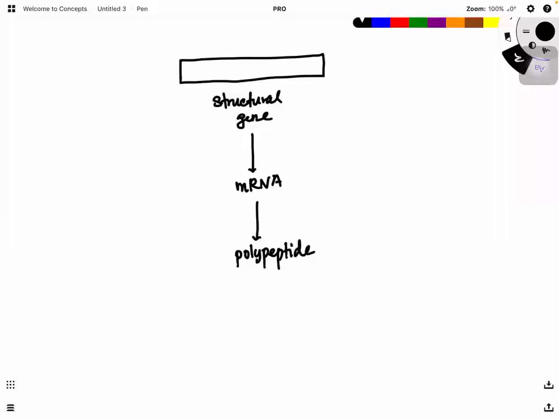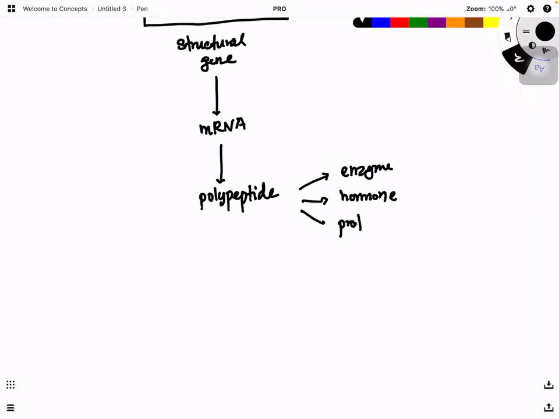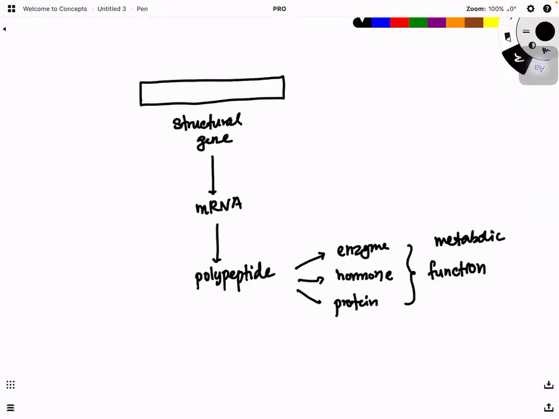This polypeptide will fold to become an enzyme, or a hormone, or a protein involved in the functions of the cell, or we call metabolic functions in the cells. So this gene, we call a structural gene. Understand?